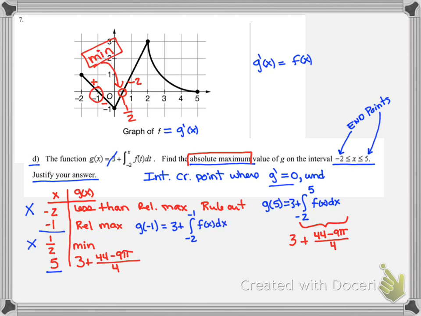That's just going to be this blue area right here. And that's going to be a base of 1, a height of 1, divided by 2, or 1/2. So that means g of -1 is 3 1/2. So the question is, which is bigger? 3 plus 44 minus 9 pi over 4, or 3.5?